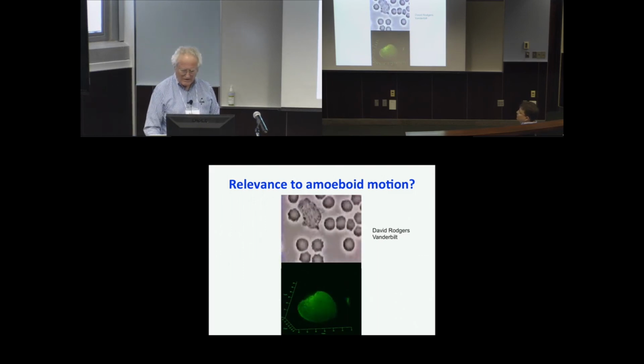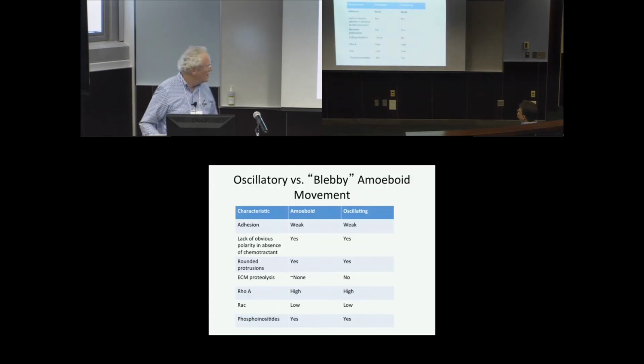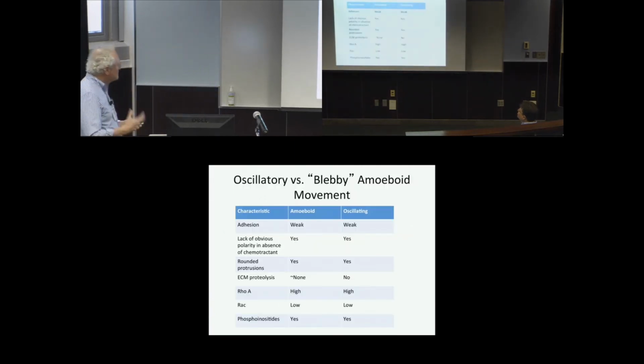Now, the similarities are qualitative, but there are a number of them that might be pointed out. First of all, in amoeboid movement, usually adhesion is weak, and that's true in the periodic protruding cells. There's a lack of obvious polarity except when you have a chemotactic gradient. That's true in both of these cells. Both have rounded protrusions.